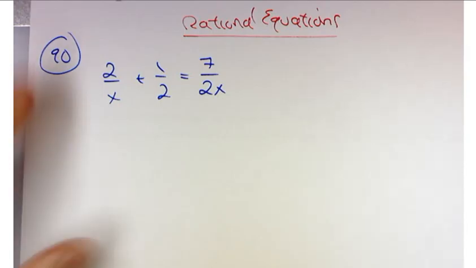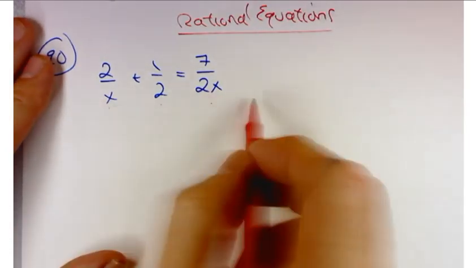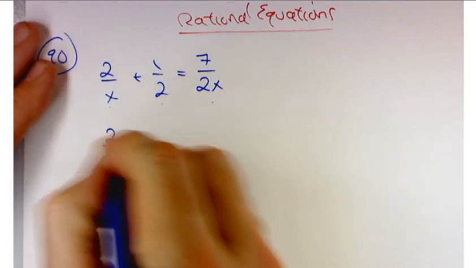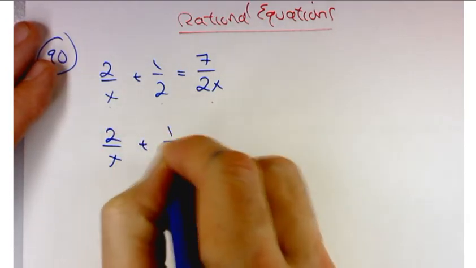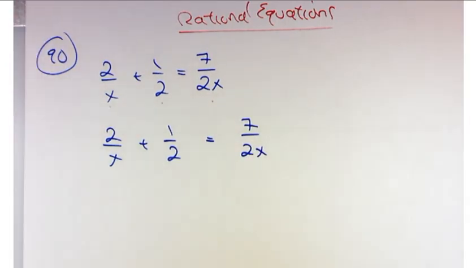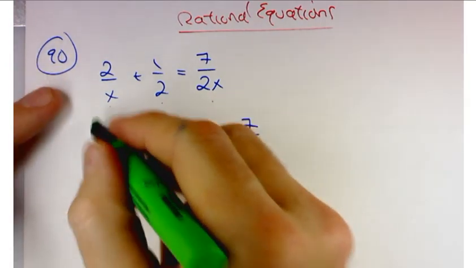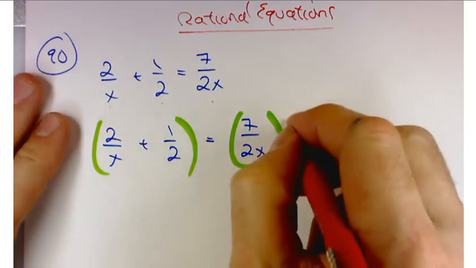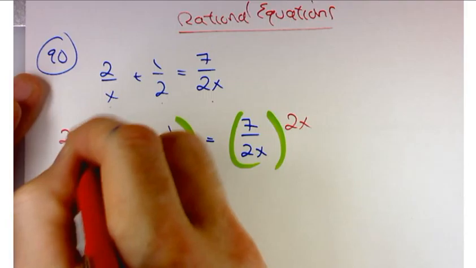So what's the lowest common denominator for all three of these? 2x. So unlike our work with rational expressions, because I have an equation, I can multiply both sides by 2x. Here by 2x and here by 2x.